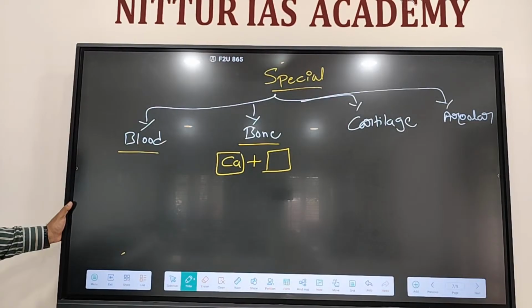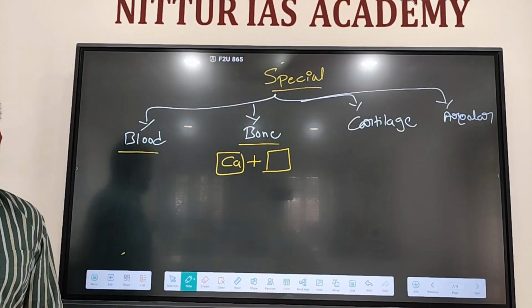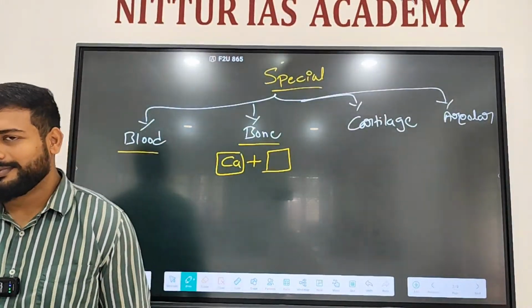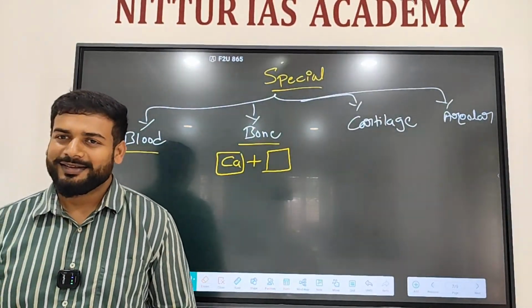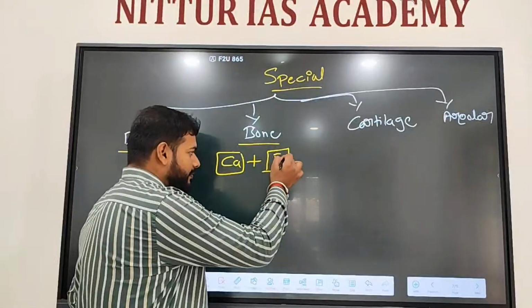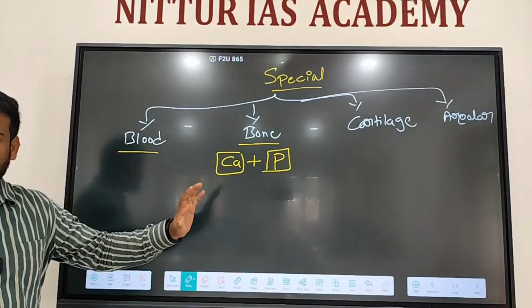Ag is silver, Au is gold, from Aurum. Good. Carbon, C. Oxygen, carbon dioxide, CO2. Phosphorus, P. Potassium, K.